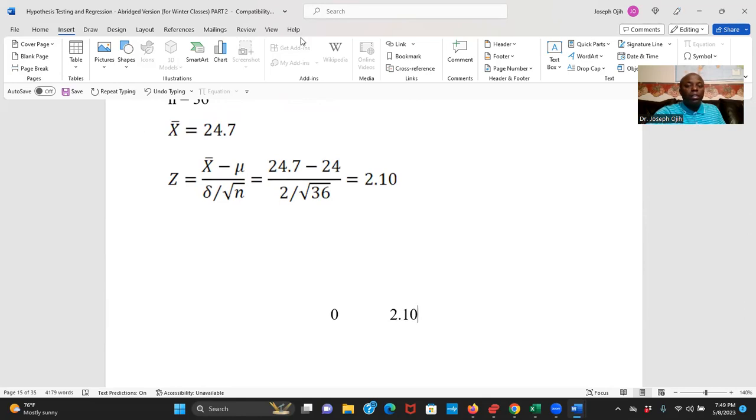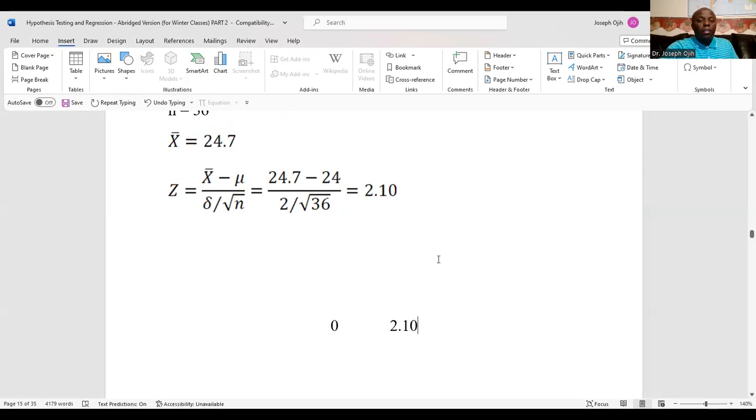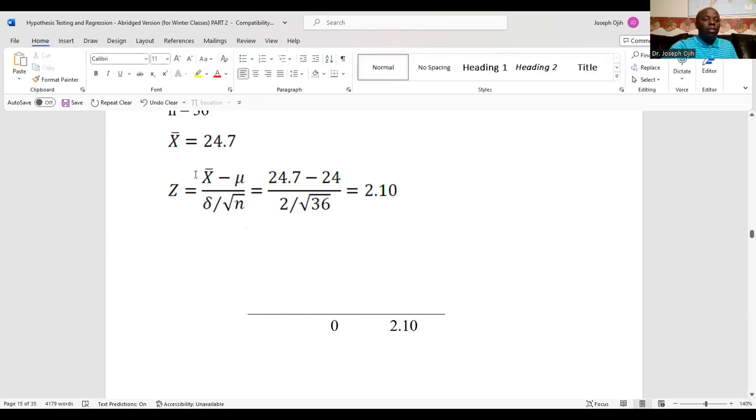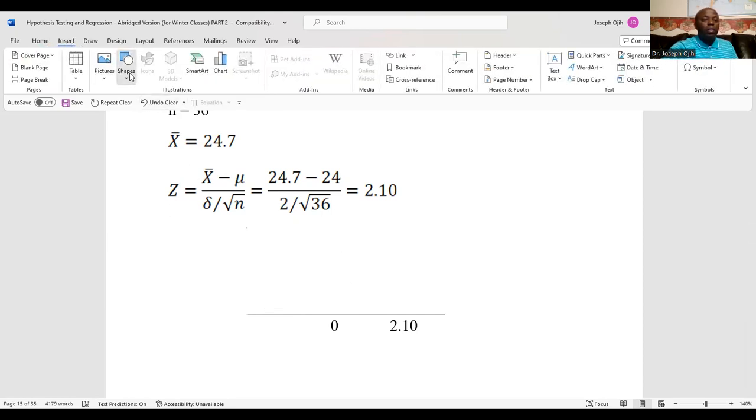Make sure you're seeing this. Then, draw our Z curve. I think I didn't do it well. I'm going to delete it. So through our insert, draw our Z curve.